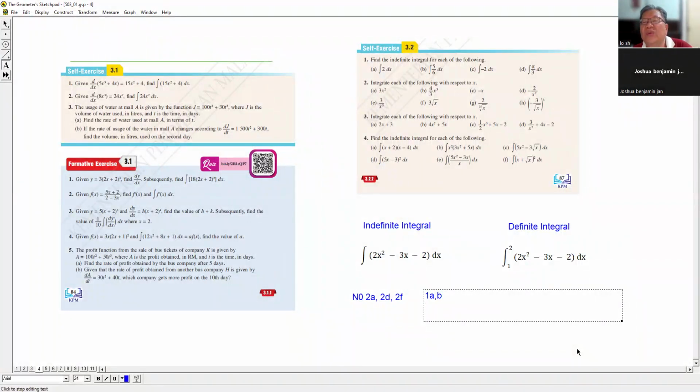Then you do which one? 2C. You do 2C. One more, number 2E. 2E and one more with fraction, 2G. This one is a negative fraction. 2G.